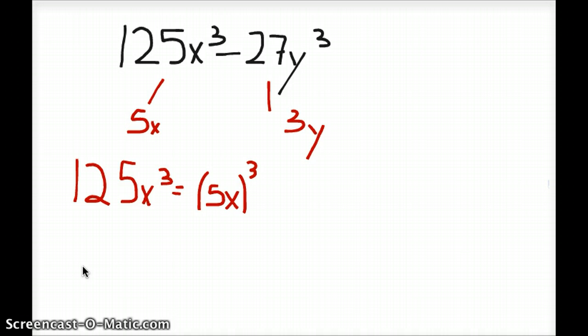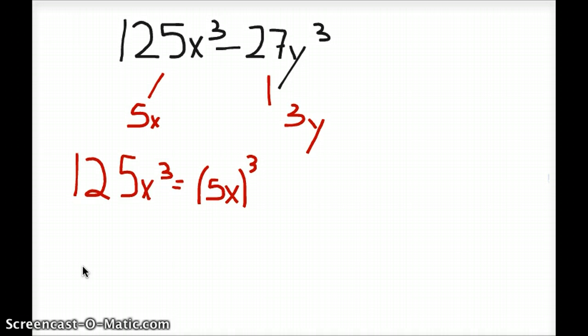This is because 125x cubed is equal to (5x) cubed, and 27y cubed is equal to (3y) cubed, so b is 3y.